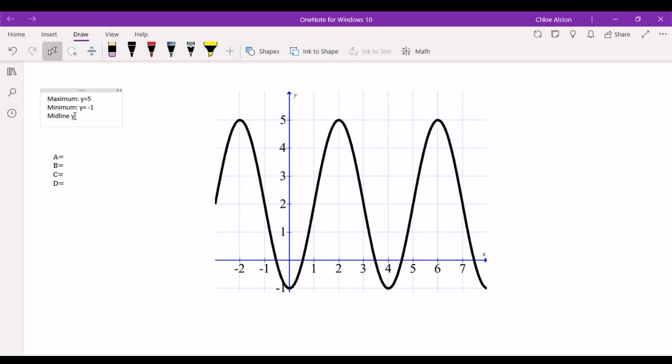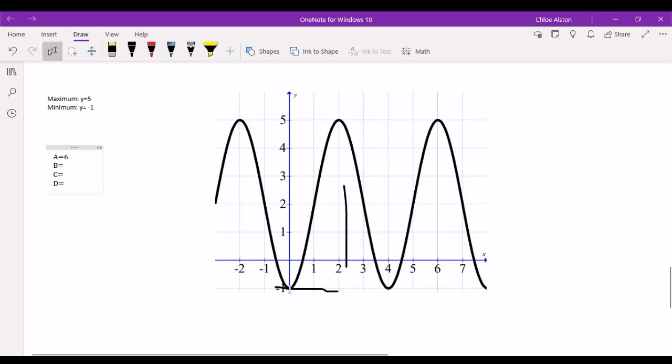Well, there is no midline for a cosine function. That's not something you have to worry about. So our amplitude is from the bottom, our minimum, to our maximum. So from -1 to 5, that is 6 units.